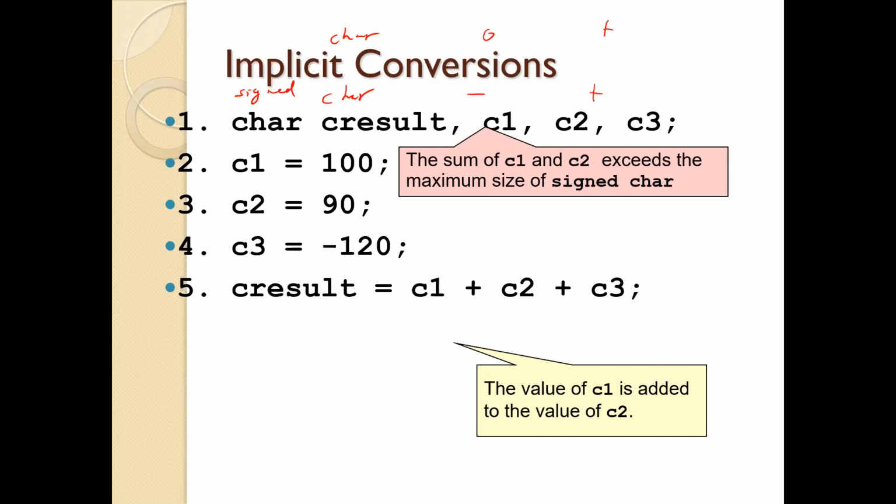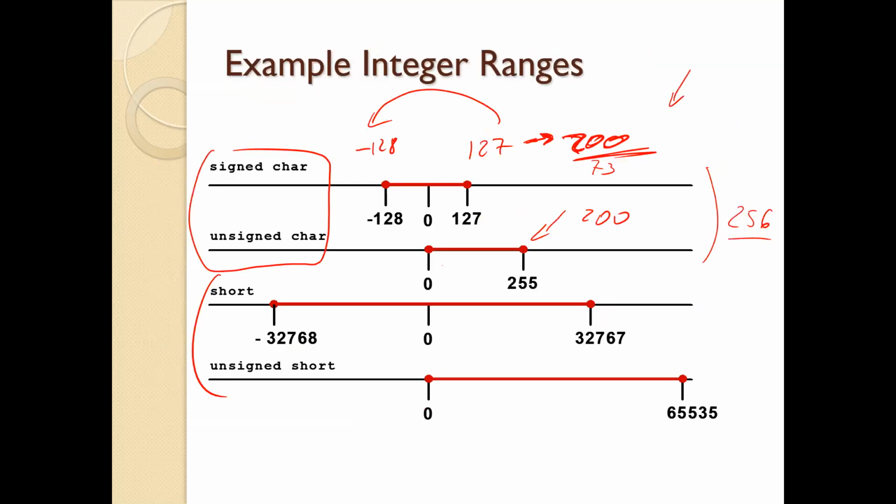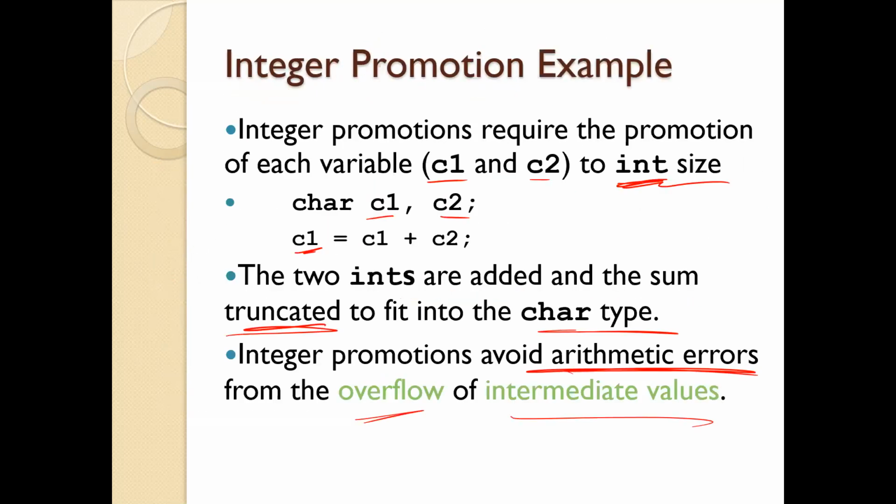So if I go back over here, we had the example, right? Remember that signed char went from minus 128 to 127. Unsigned char went from 0 to 255. So we have a little bit of a problem there.